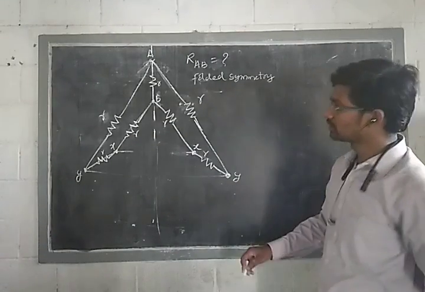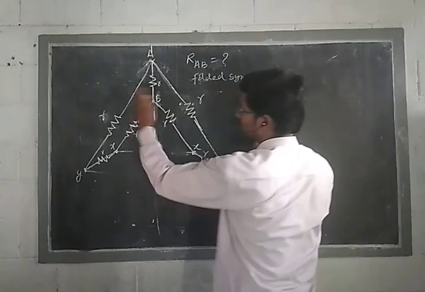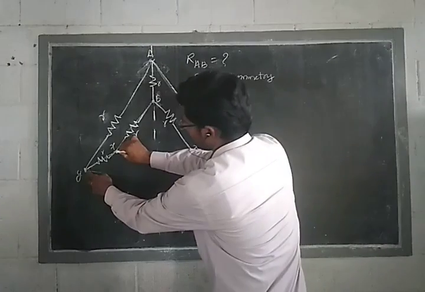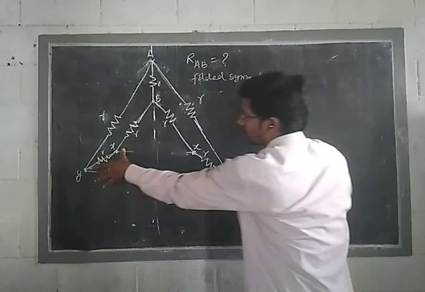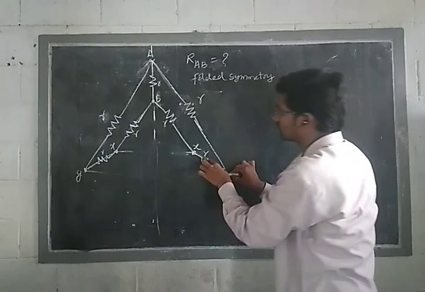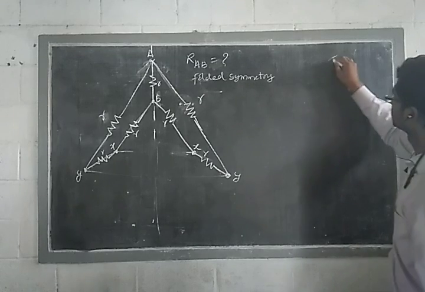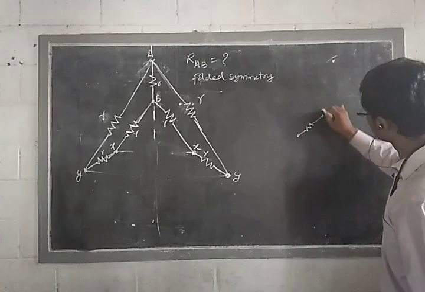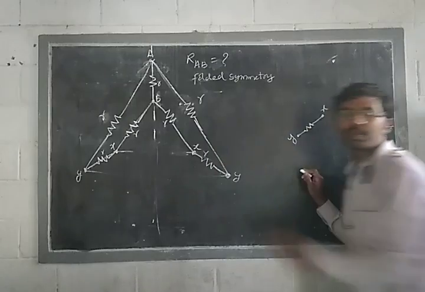Now you can take any one part, folded symmetry only, this part or this part. XY and these are XY, the potential difference will be the same. Now this R and this R are in which combination? Parallel combination. So let me redraw that. X and Y. Now R and R in parallel combination.